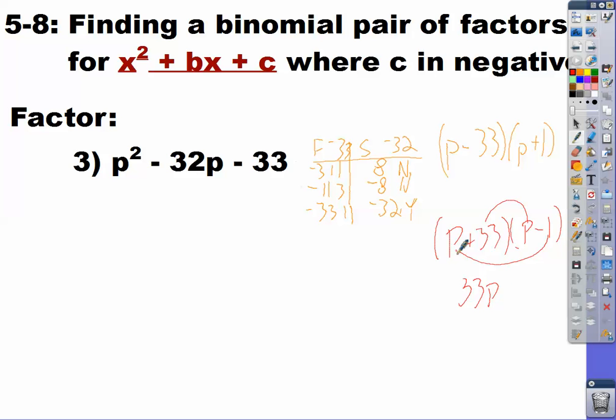Negative 1 times p is negative 1p. 33p minus 1p is 32p, but we are looking for negative 32. And so that's why it doesn't work. And that's why this gets a little trickier when the c value is negative. That's just the way it goes.